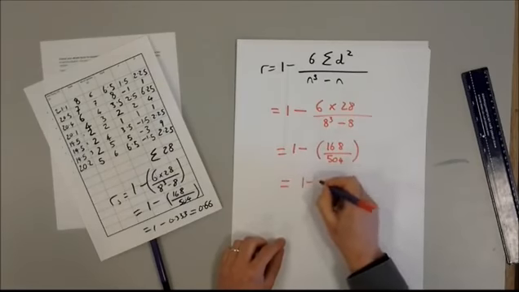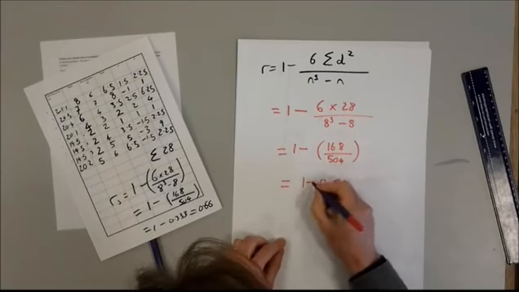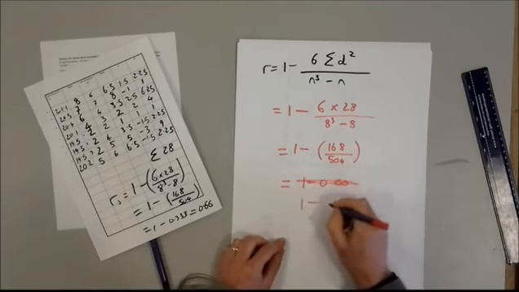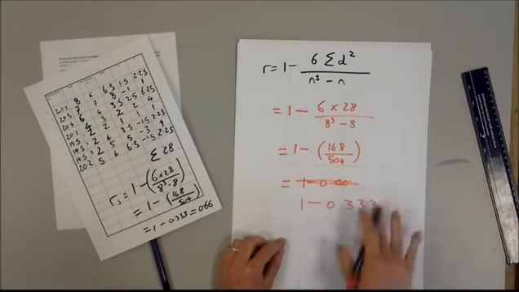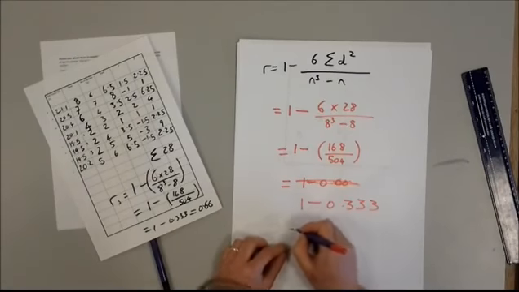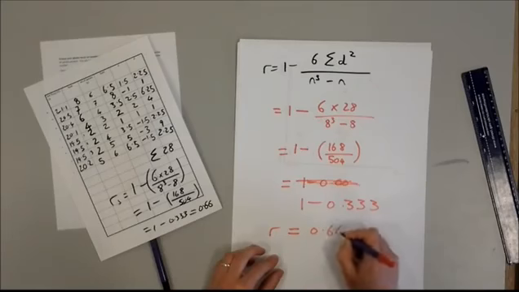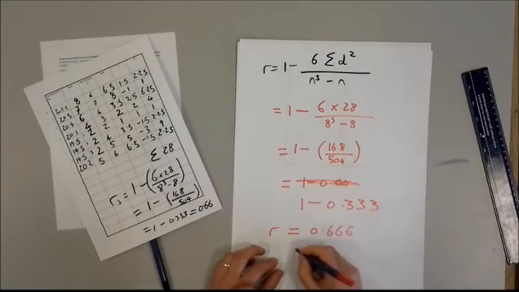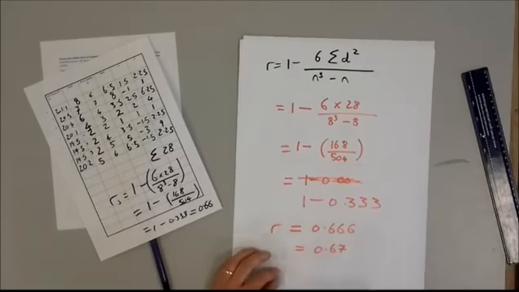And the answer you get is 1 minus 0.333, and it goes on. I'm going to leave it at 3 decimal places, and therefore my answer for R is going to be 0.666. I'm going to round that up, let's have it as 0.67.